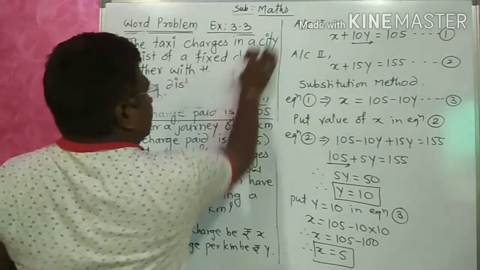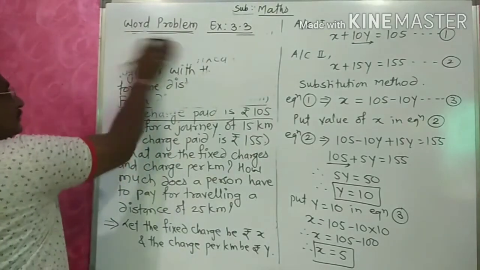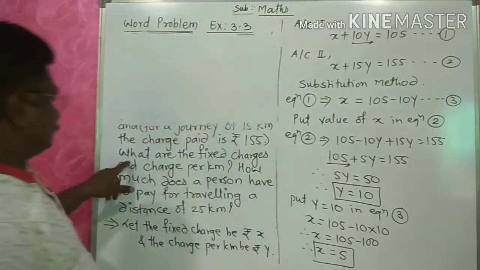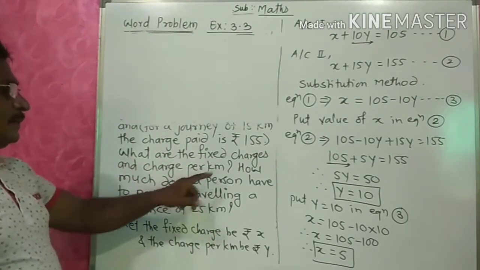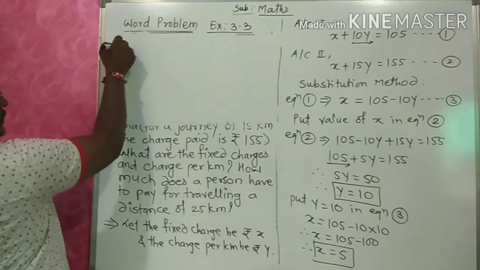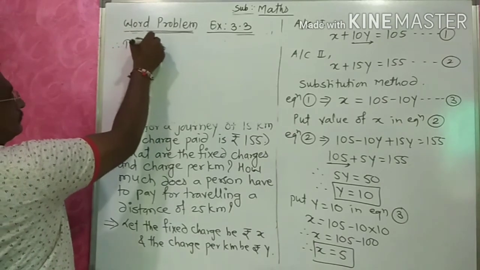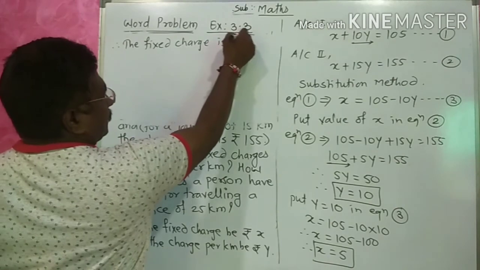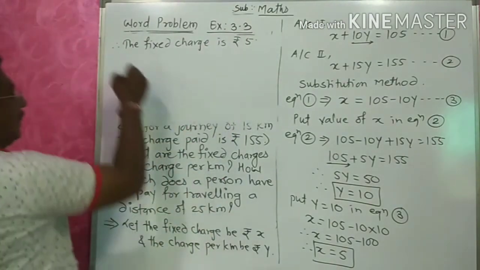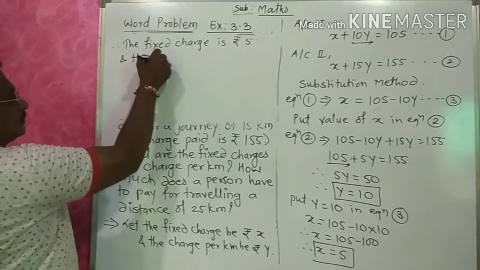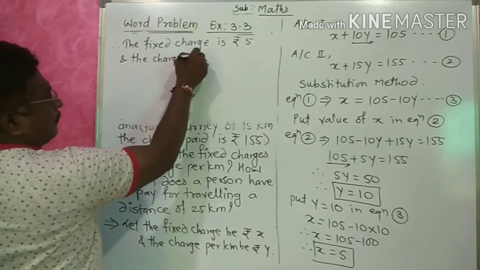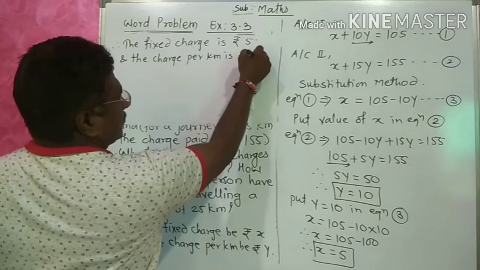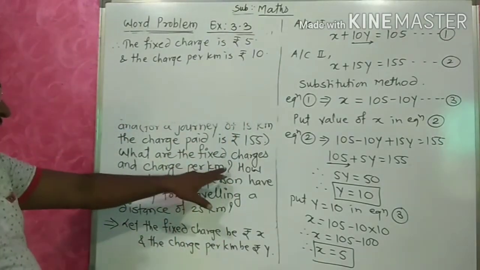So the first question's answer we got. What is the first question? What is the fixed charge and the charge per kilometer? So the fixed charge is rupees 5 and the charge per kilometer is rupees 10.